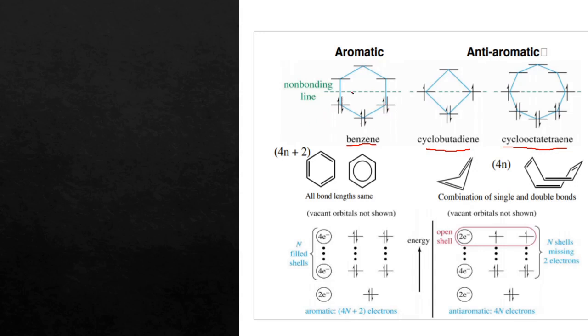So we have a closed loop of electrons, and benzene enjoys aromaticity. On the other hand, in cyclobutadiene there is one electron in one non-bonding orbital and one more electron in the other. Similarly, in cyclooctatetraene, there is one electron in each non-bonding orbital. The remaining 6 electrons are present in the bonding molecular orbitals.